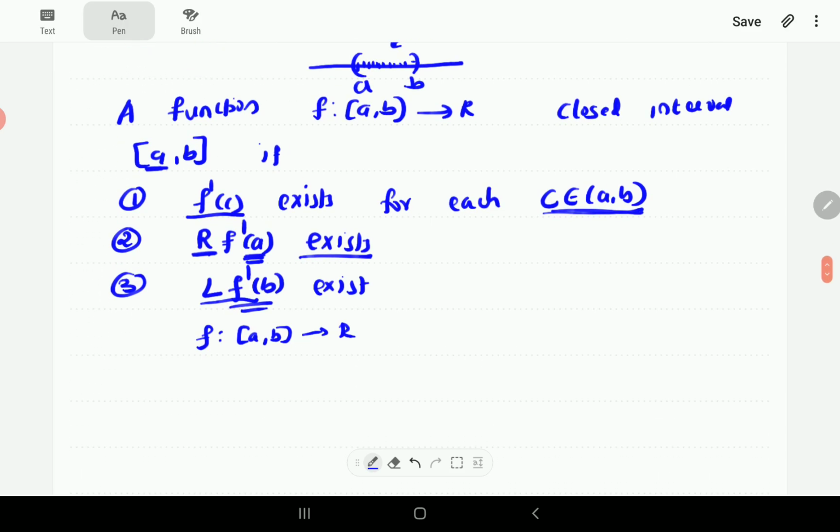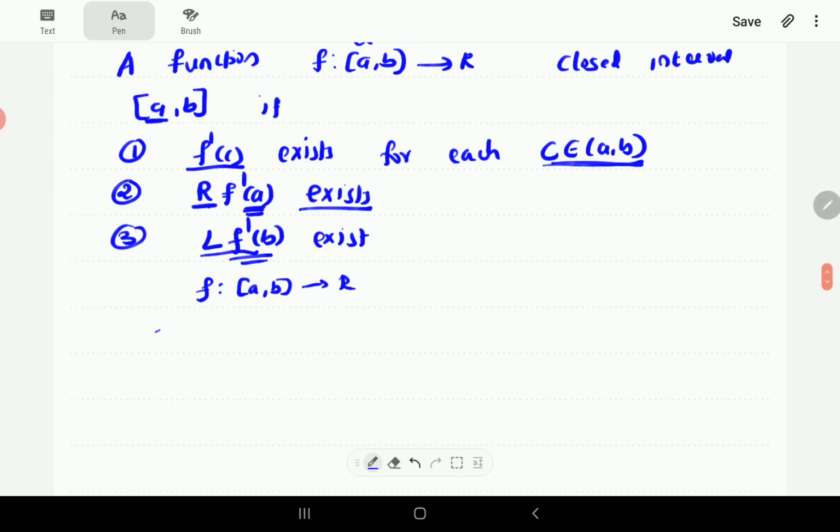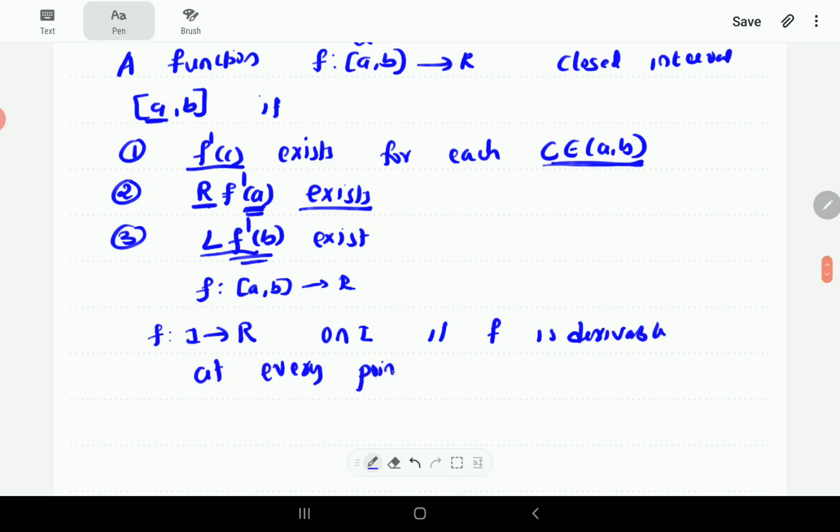Similarly, for a function f from any interval I to R, we say that it is derivable on I if f is derivable at every point of I. So this is another thing.